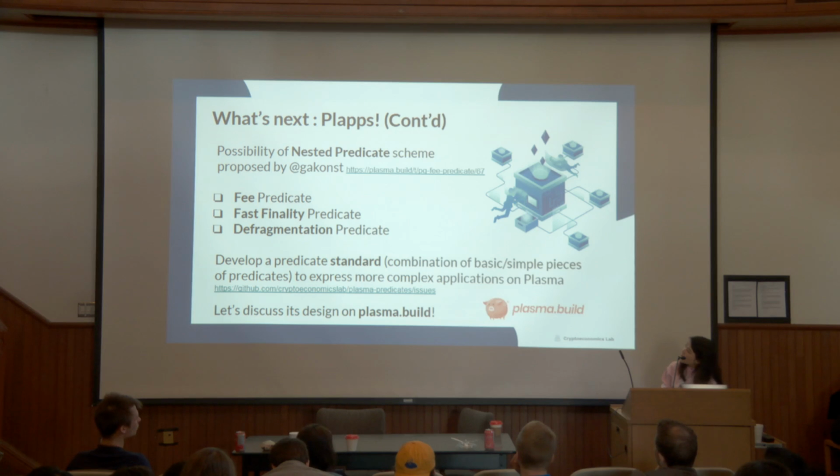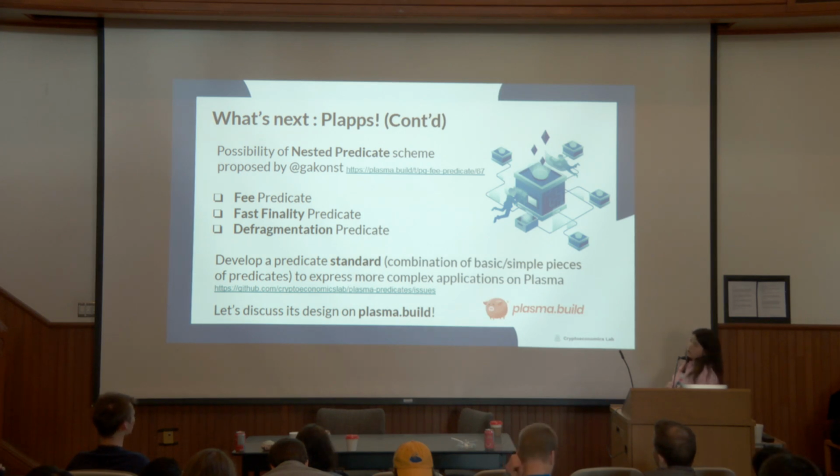Also, we strongly believe in the possibility of the nested predicate scheme originally proposed by Georgius, he might be around here, on plasma.build. Basically, with nested predicates we can inherit basic pieces of predicates and express more complex smart contracts.